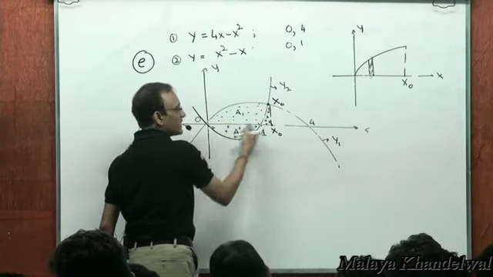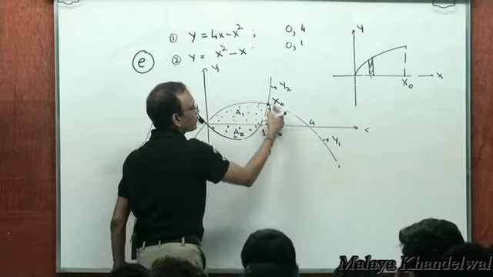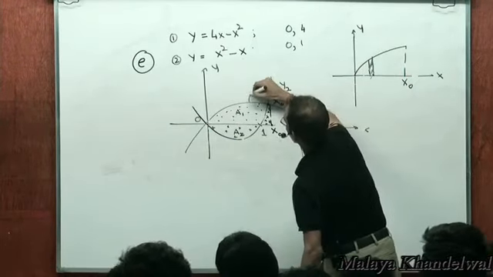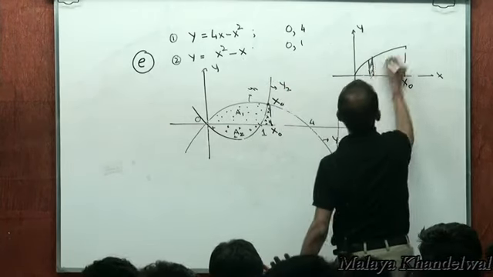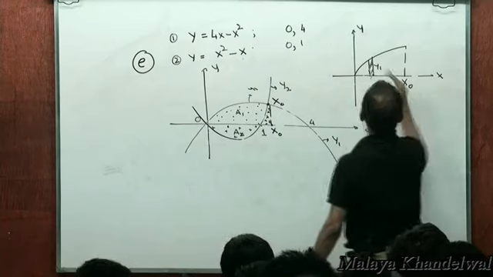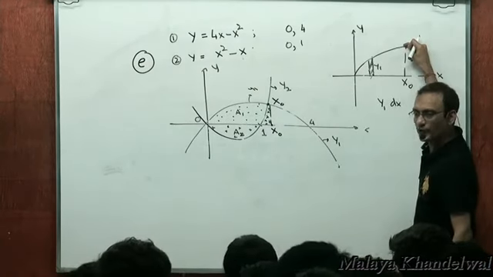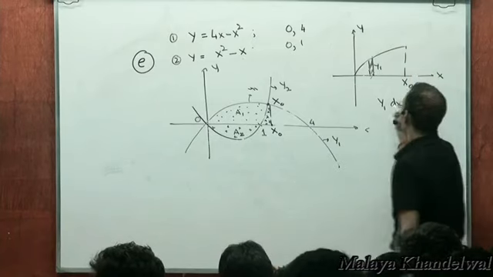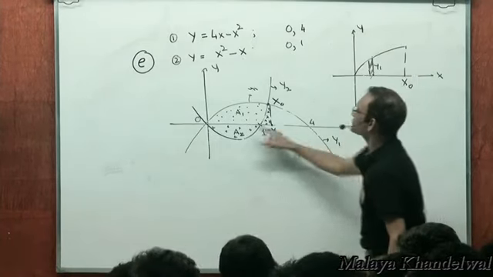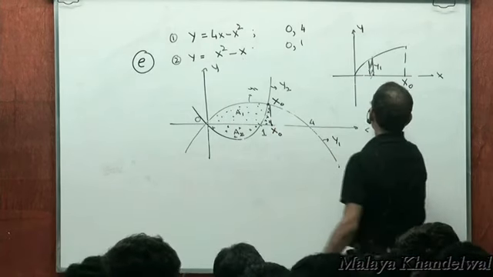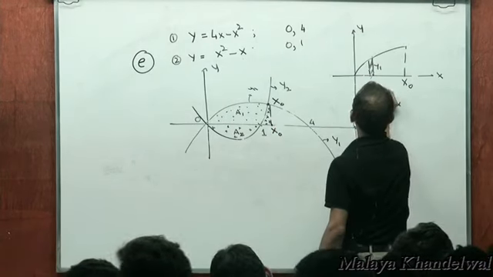So to get this A1, I take y1 dx, the area under the curve y1 all the way up to x naught, where x runs from 0 to x naught, which I'll obtain when I solve these two.